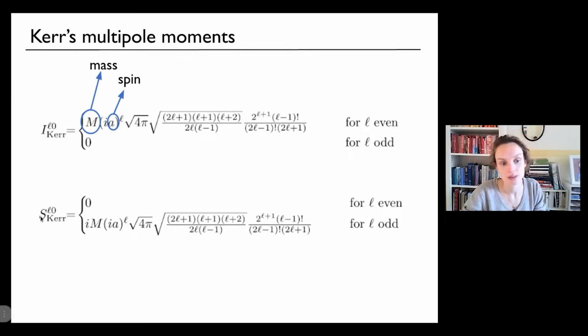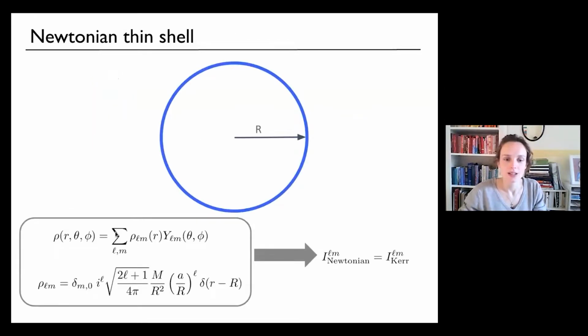Now, we also, of course, in general relativity have spin multipole moments, so they have to do with the motion or the rotation of the object. And there the reverse is true, so they're only non-zero for L odd. And again, they only depend on the mass and the spin and some numerical constant. So we said, okay, let's look at a very simple model.